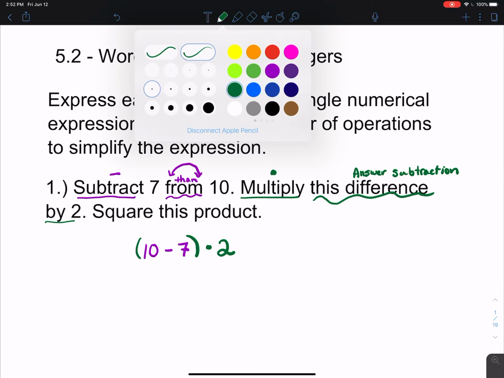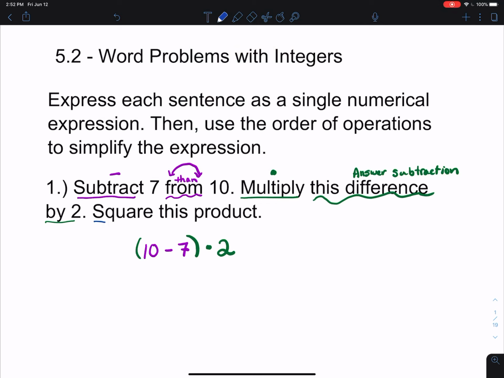Then if I look at the next part, they tell me to square this product. So square is telling me that I'm going to have an exponent of 2. But this product is an answer to a multiplication problem.